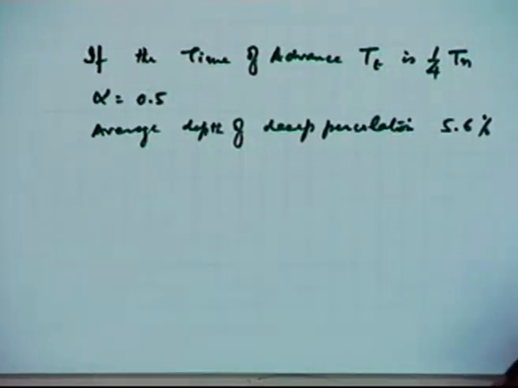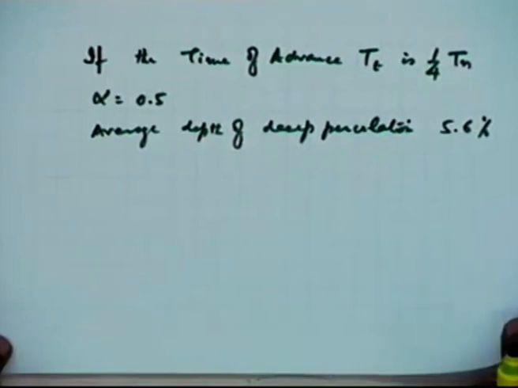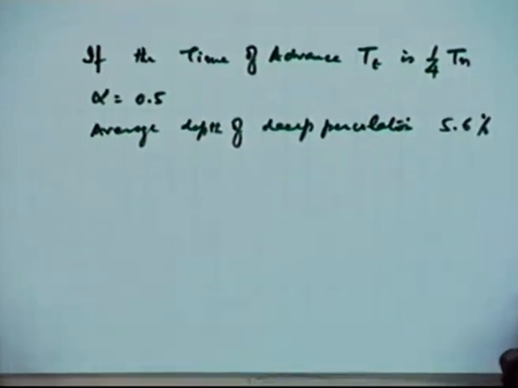Okay, this is only one instance which has been analyzed. Similarly, there are many other instances which have been analyzed by taking different values of alpha, which means by taking different characteristics of the soil, and by taking different FAR ratios, which is the fractional advance ratio.